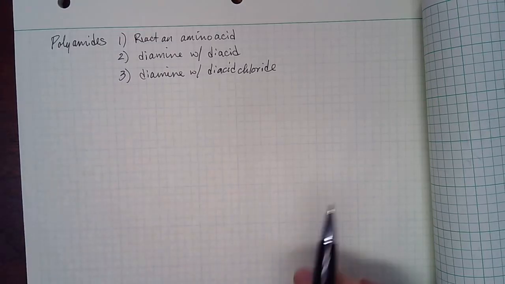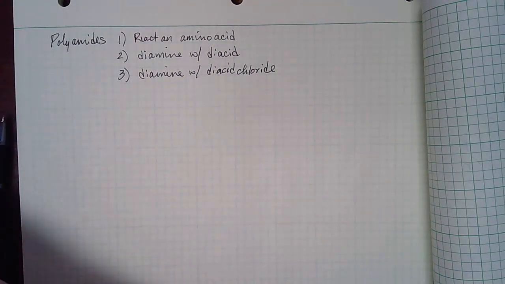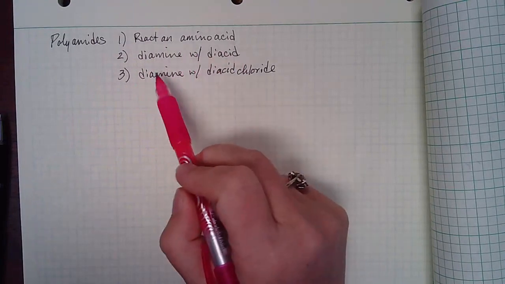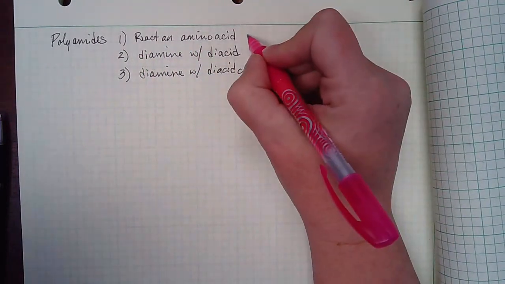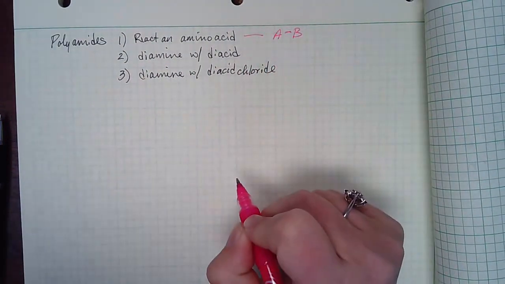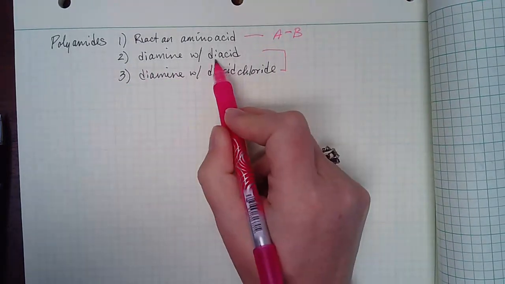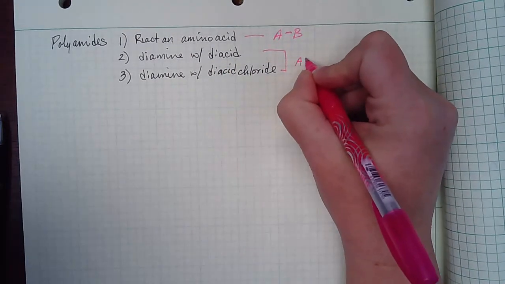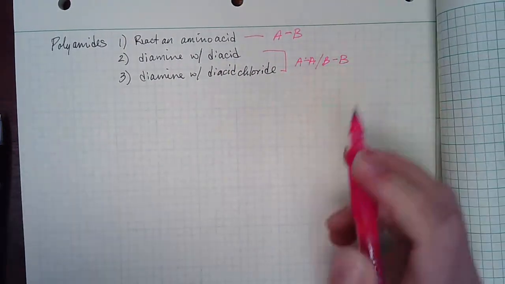Okay, so if we want to now think about polyamides and how we do polyamide synthesis, you are responsible for 3 ways of doing that. We can react an amino acid. Again, that's an AB type polymerization. And here, these two, a diamine and a diacid, a diamine and a diacid chloride, those are both AA, BB type polymerizations.